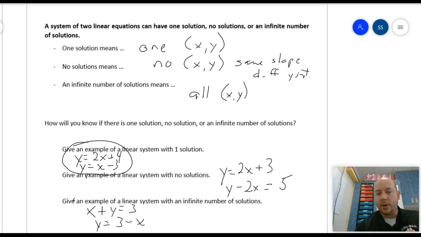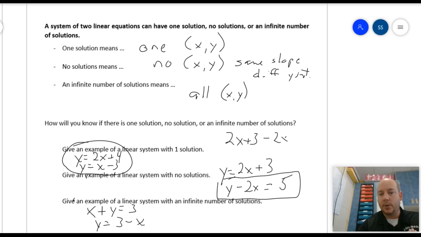Okay, so if I wanted to solve that, I know what my y is equal to. So if I did my substitution, I'm going to take this one here and replace the y value. So my y value is 2x plus 3, minus 2x equals 5. Okay. And if I combine those like terms, 2x minus 2x is nothing. So I'd end up with 3 equals 5, which is false.